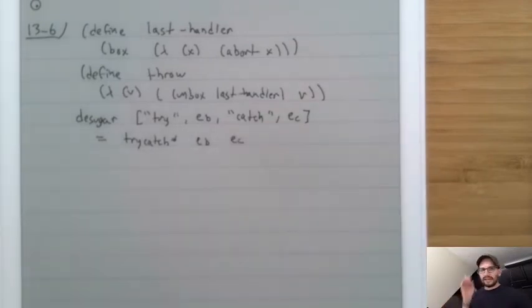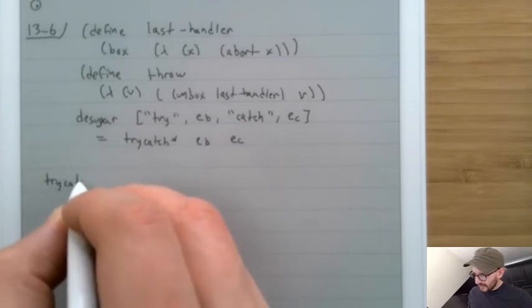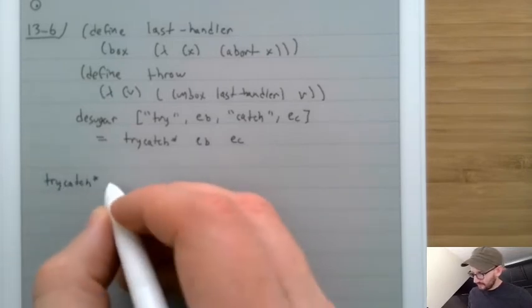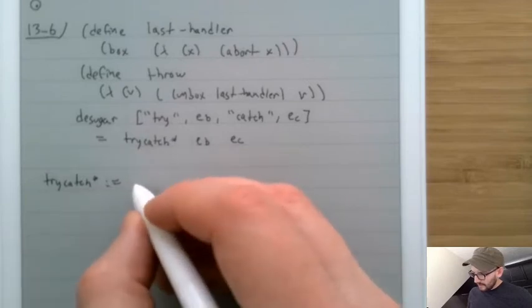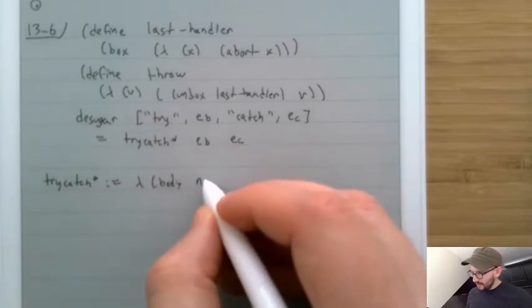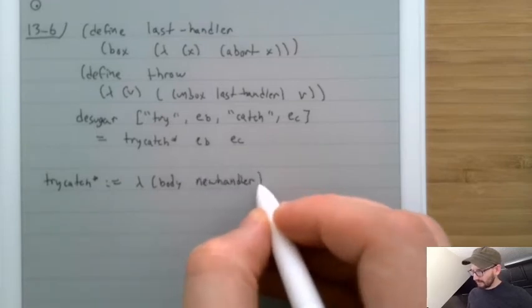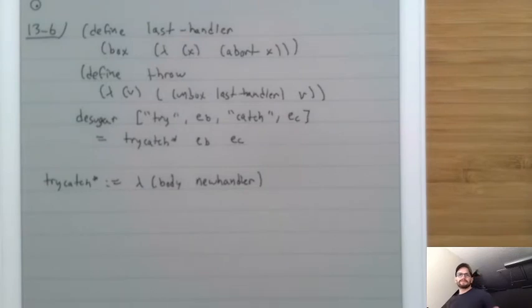Now, how does TryCatch star work? TryCatch star has the following implementation. It takes as arguments the body and a new handler. The first thing that it does is remember what the old handler was.